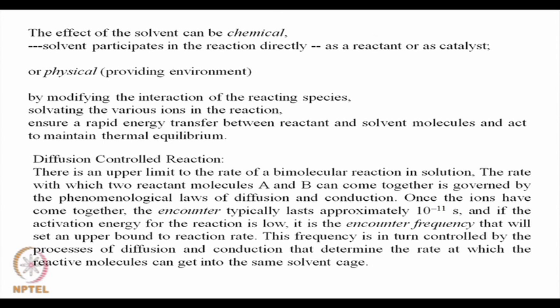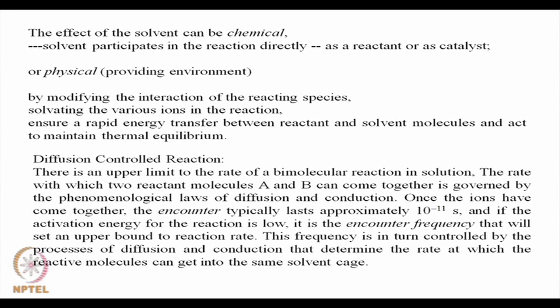Now, for diffusion controlled reactions, which I have already talked about on several occasions, there is an upper limit to the rate of a bimolecular reaction in solution. The rate with which two reactant molecules, say A and B, can come together is governed by the phenomenological laws of diffusion and of course conduction.